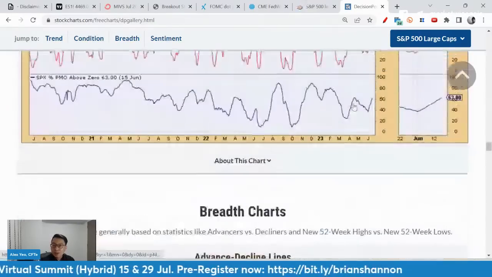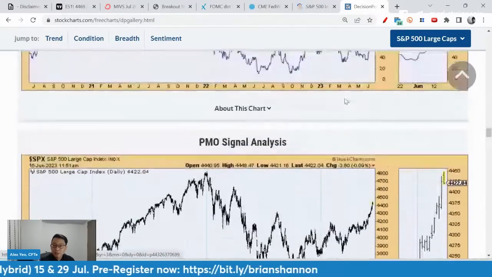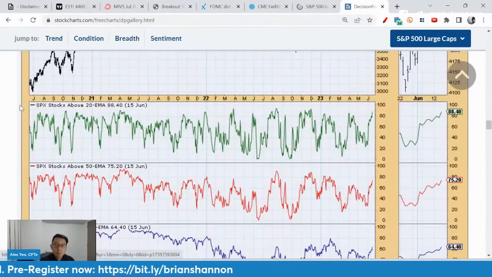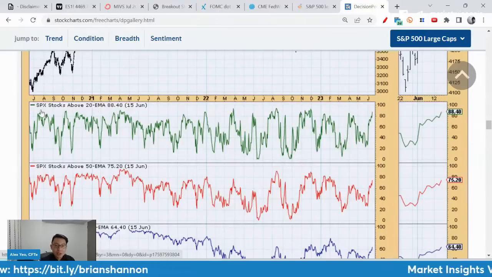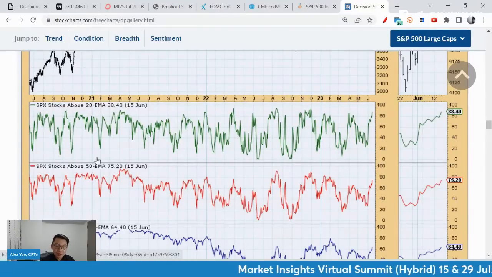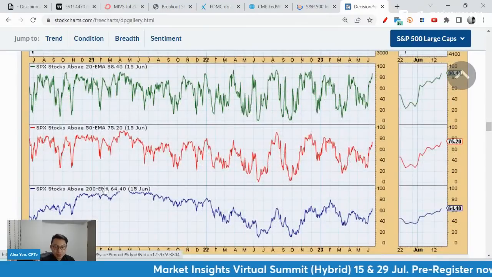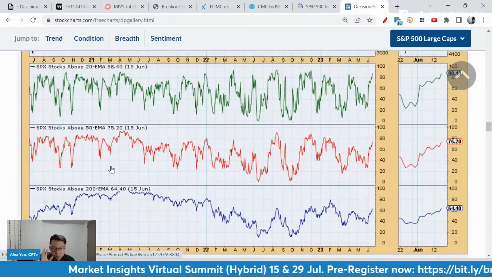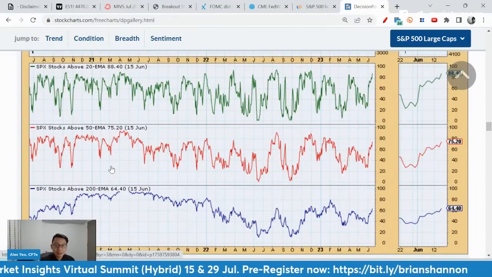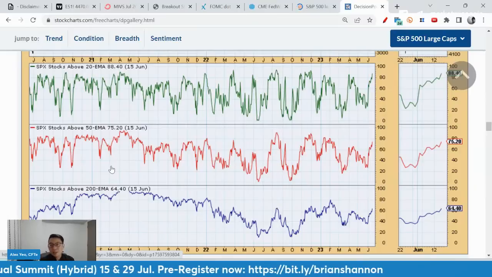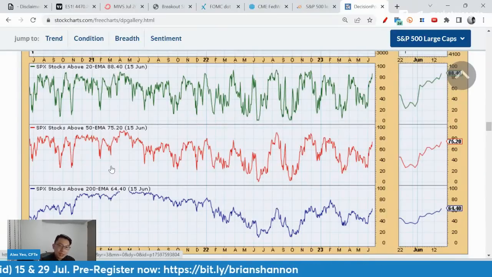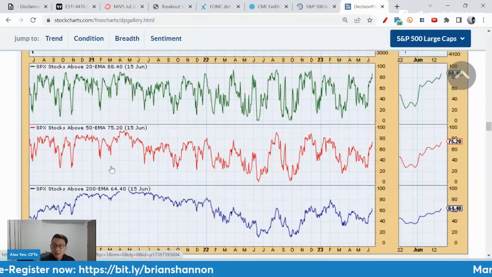And if you look at the market breadth over here, at one glance, this is using EMA: the percentage of stocks above their 20 EMA, 50 EMA, and 200 EMA. Of course, what people say on the news is that there are only 7 big cap stocks driving the market.